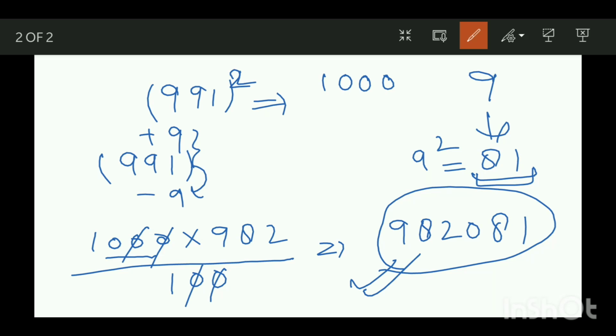Okay, let's take another example. Now you can think that we have taken 100 or 1000 as the base number like this. So take a random number, for example 675. Now we will find out the square of 675.